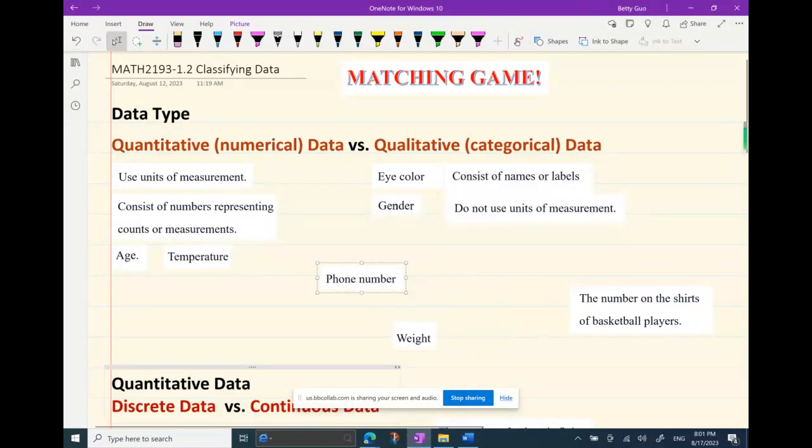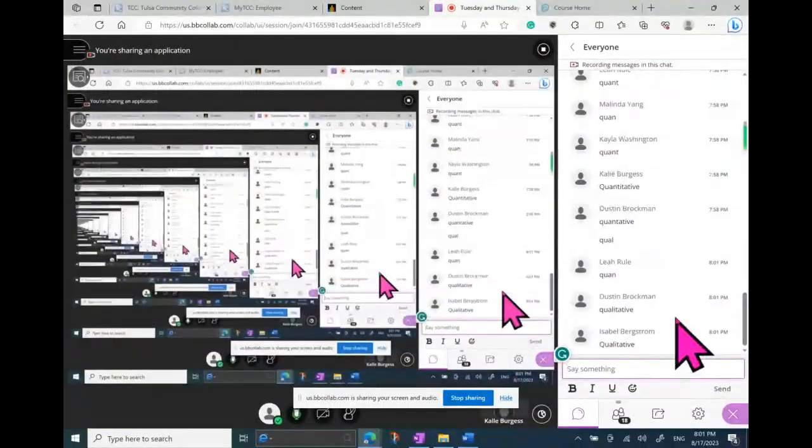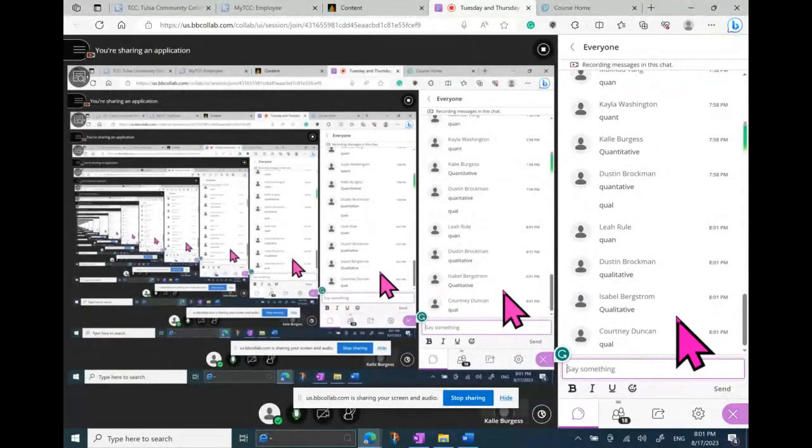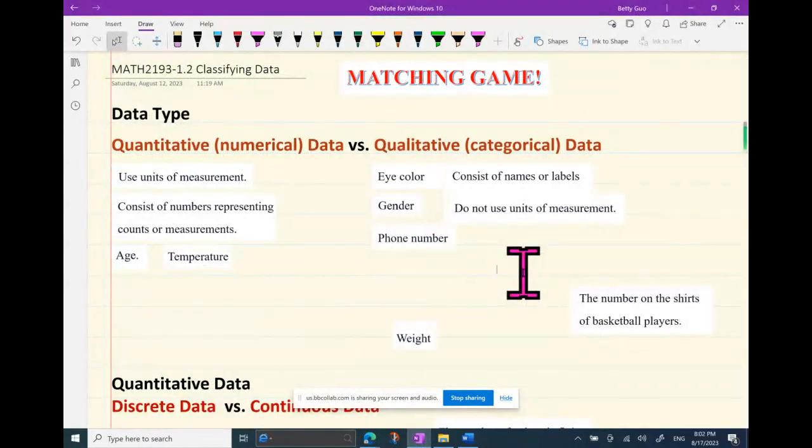Qualitative, awesome, exactly. You guys are great. Qualitative is categorical, not quantitative. Even though it has a bunch of numbers, it does not count or measure. So it is qualitative, categorical. It's kind of like a label for my phone.